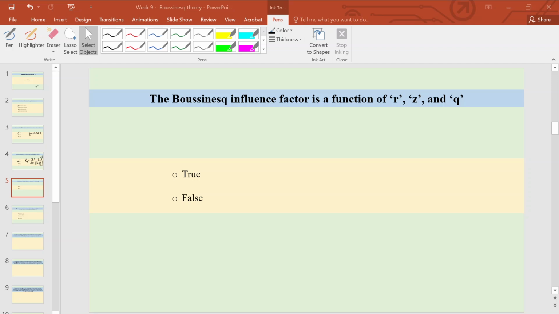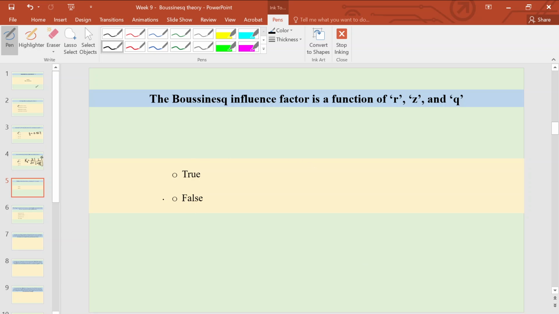The next question was: the Boussinesq influence factor is a function of r, z and Q. Is this statement true or false? Very easy. Just solve the previous question. It is false.